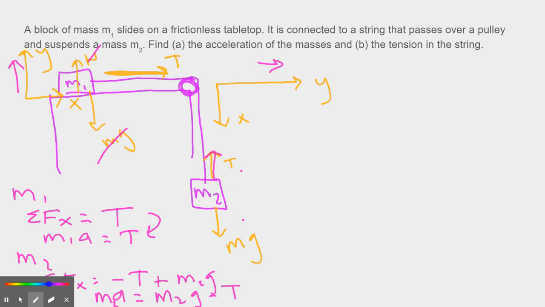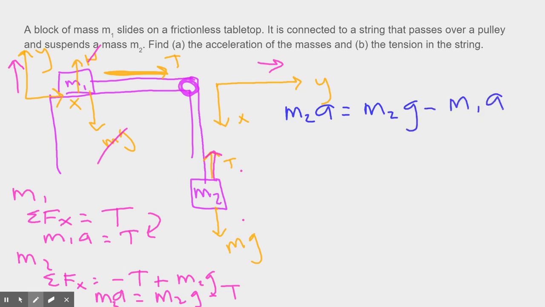So we have T equals m1a. So when we plug that in, we get m2a equals m2g minus m1a. Let's go ahead and gather like terms.